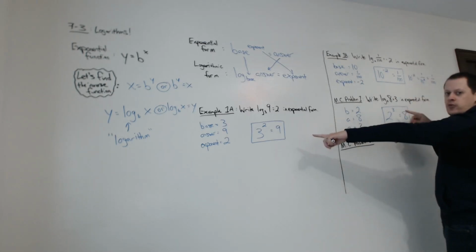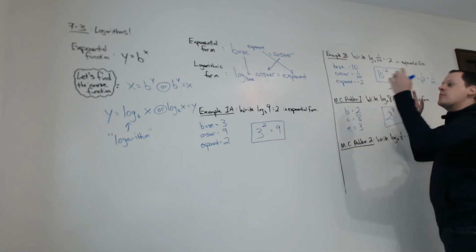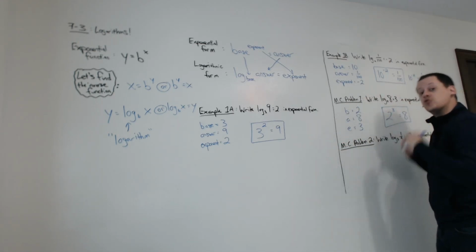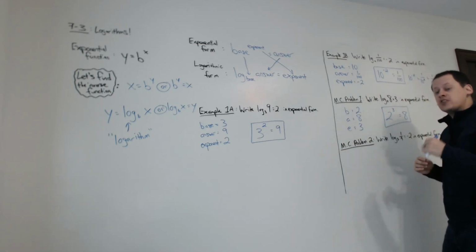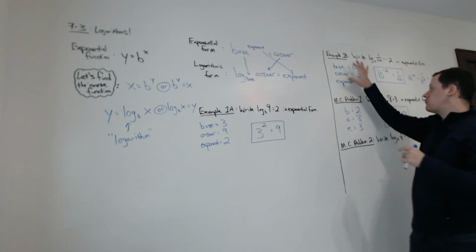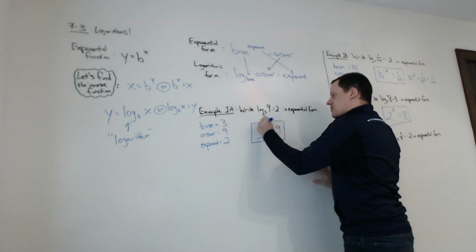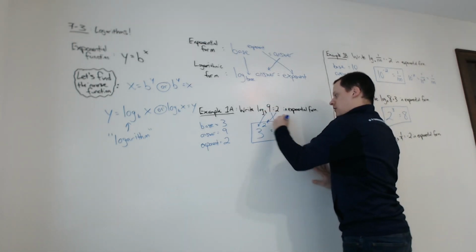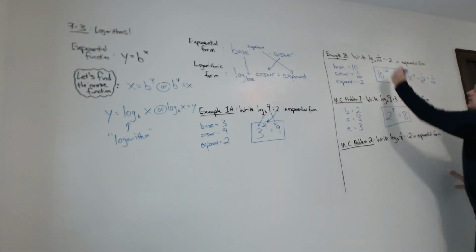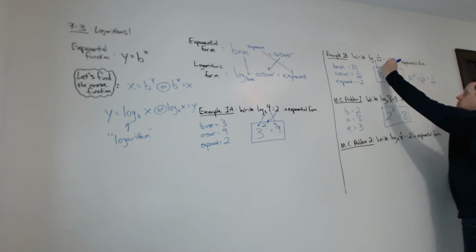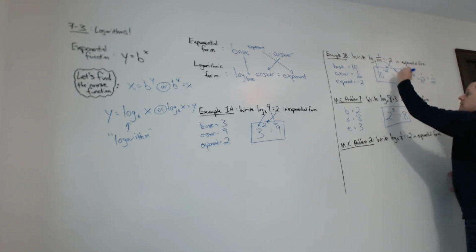After you do a few of these problems, going from logarithmic form to exponential form, you might start noticing patterns. You don't even have to write necessarily what everything is. You might just notice where things go. This number goes here. This number goes here. This number goes here.